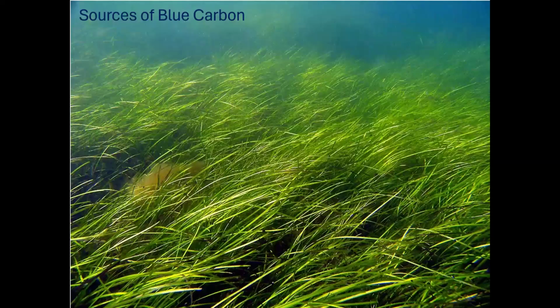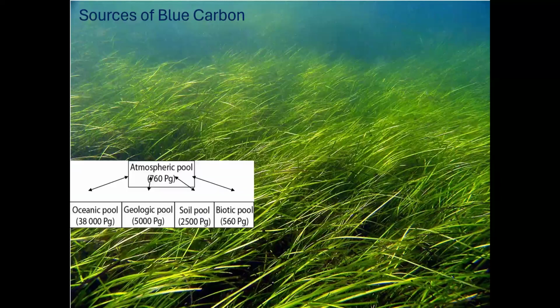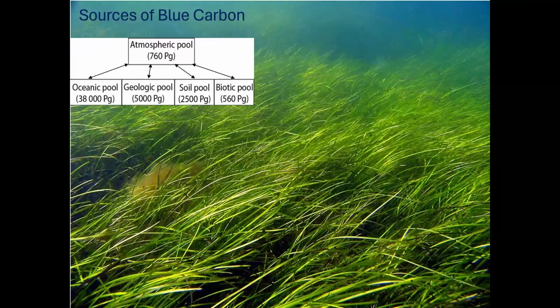Now, to get an idea of why they're so good at locking away carbon, we can think about where we actually get this carbon from. I've already mentioned that they are very carbon rich, highly productive systems. So they're readily able to lock away carbon through photosynthesis, through primary productivity.